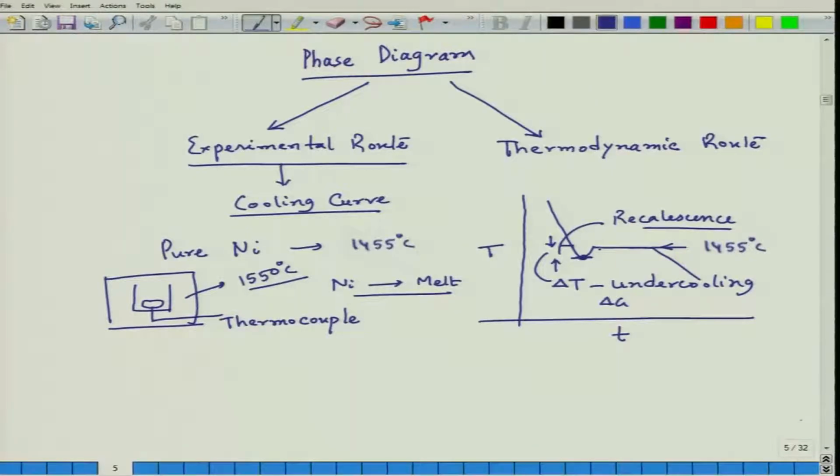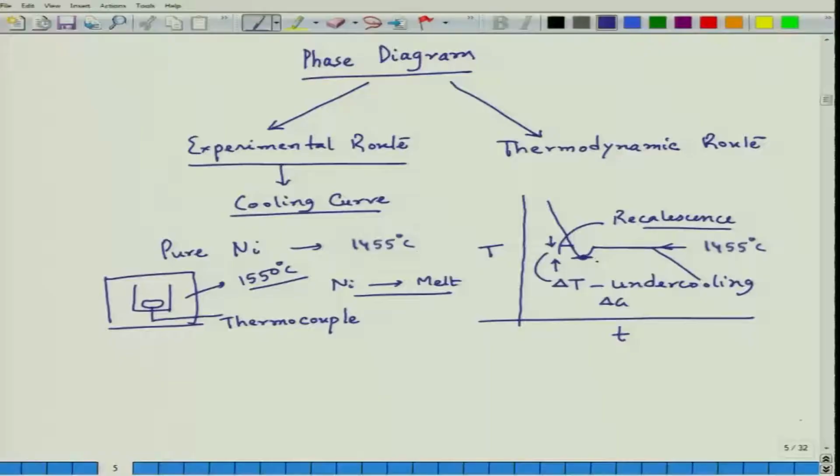Since it is leaving that much heat to the melt, the temperature again goes up, and that is why we have a dip and then going up, and finally it reaches very close to the melting point. Rather it is a little less than the melting point, because at the melting point nothing happens, and then it continues till all the liquid solidifies.